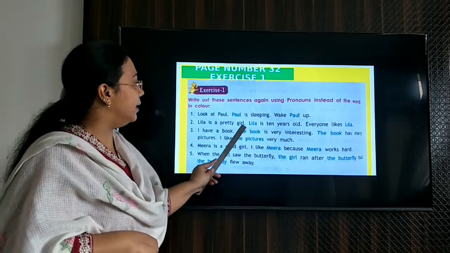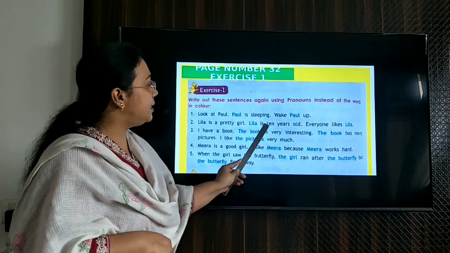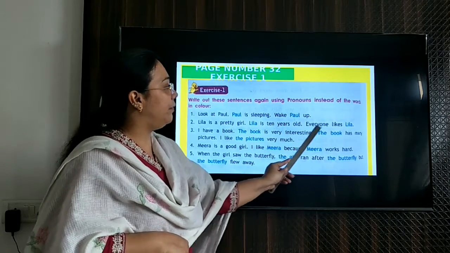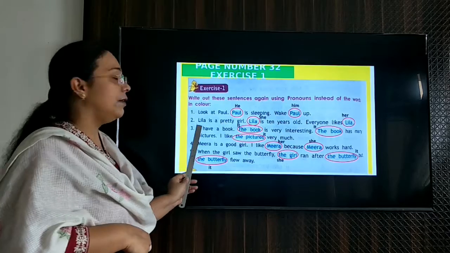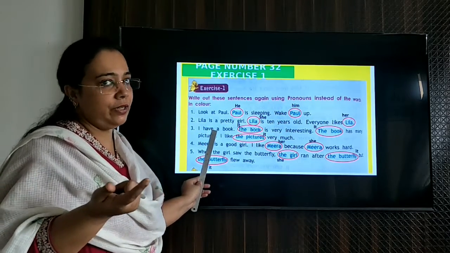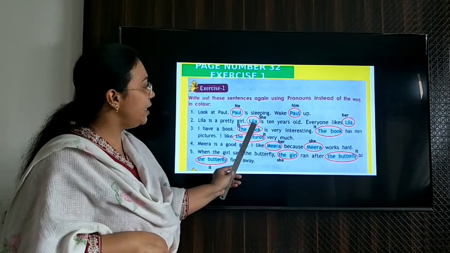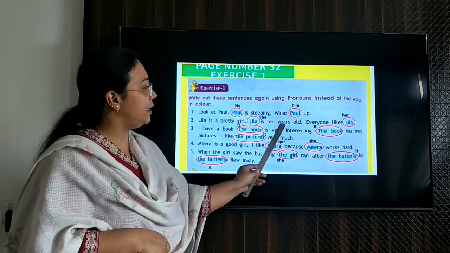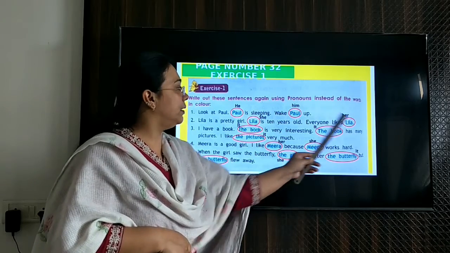Leela is a pretty girl. Here we are talking about Leela. Leela is 10 years old. Everyone likes Leela. So Leela, feminine. Okay. So she. Yes. Leela is a pretty girl. She is 10 years old. Everyone likes her.